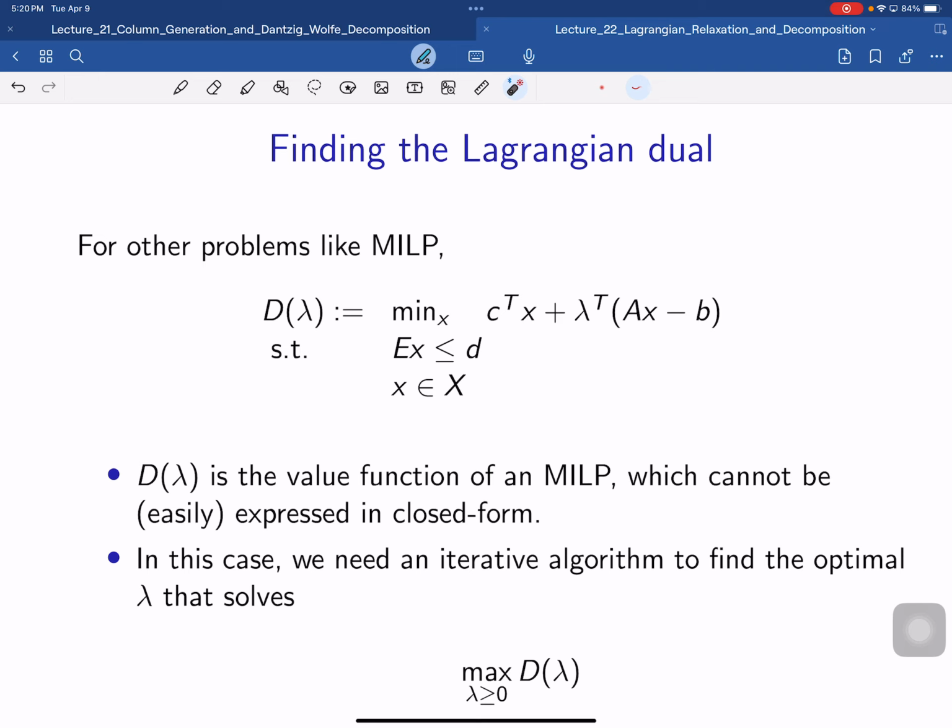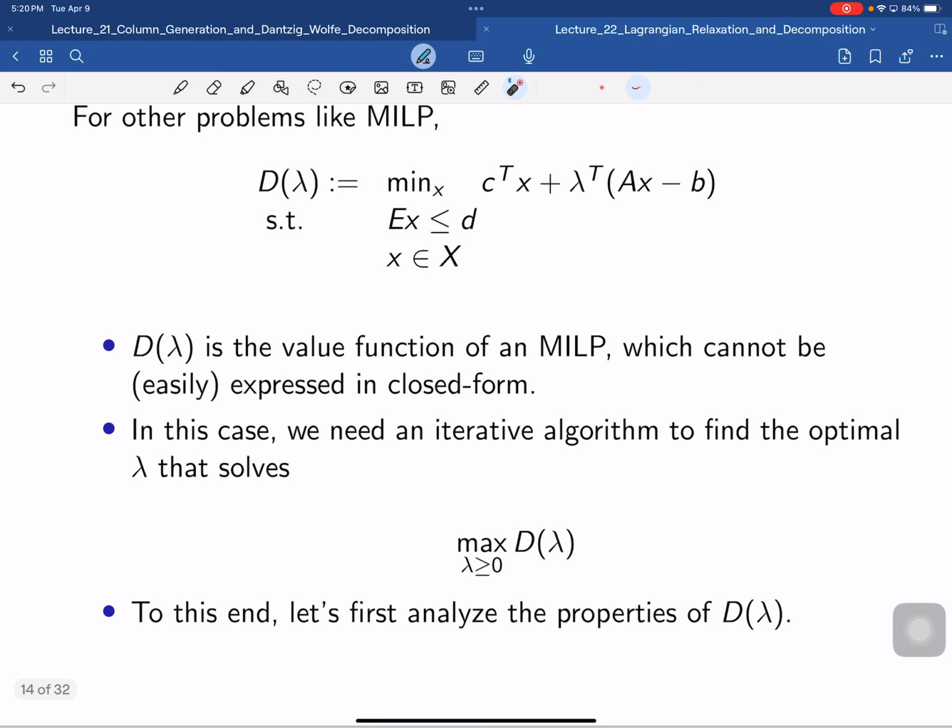So computing d of lambda essentially involves solving an MILP. If I give you a random value of lambda, you have to solve this MILP with respect to x to get the value of d of lambda. In other words, there's no closed form solution for d of lambda. Each time you solve an MILP. So in this case, we need an iterative algorithm to find the lambda that maximizes this function d of lambda.